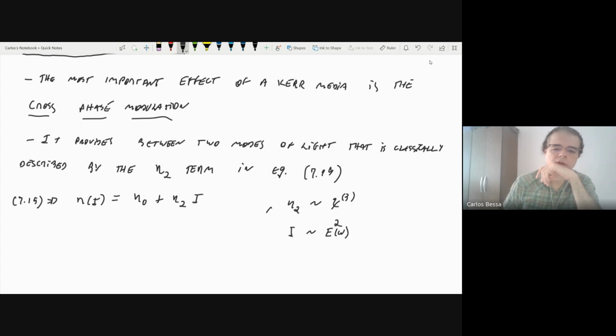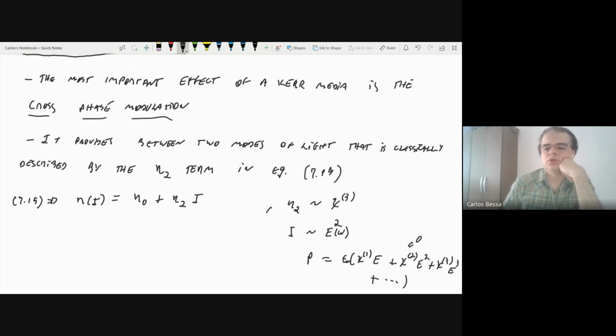Just to remind you guys, the polarization vector is written in terms of chi 0, chi 1, chi 2 E squared, chi 3 E to the third, and this keeps going. For centrosymmetric materials, chi 2 is in general 0. So this is the main nonlinear contribution.